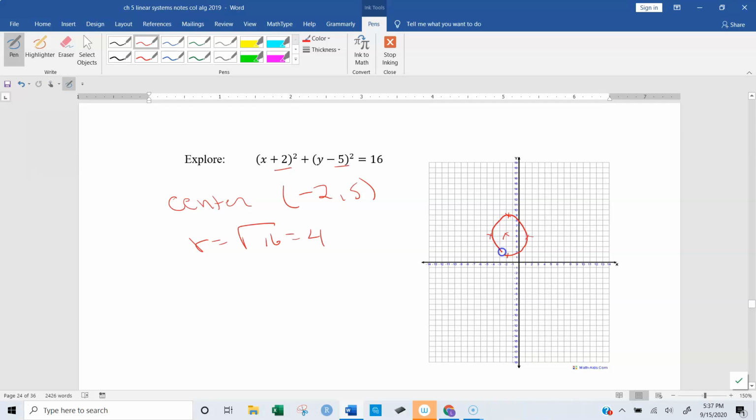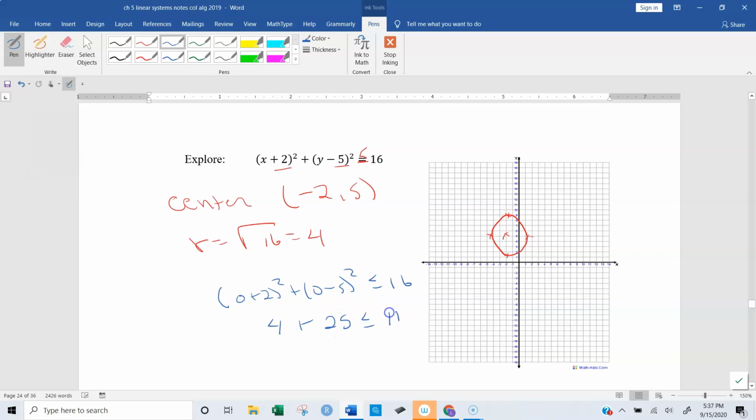Oh man, I messed up. I forgot to put a greater than or equal to. Let's do a less than sign this time. Less than or equal to. So now when you plug in 0, 0, it's a little bit different. So let's do 0 plus 2 squared plus 0 minus 5 squared. Is that less than or equal to 16? Well, this is 2 squared, which is 4, plus -5 squared is 25.